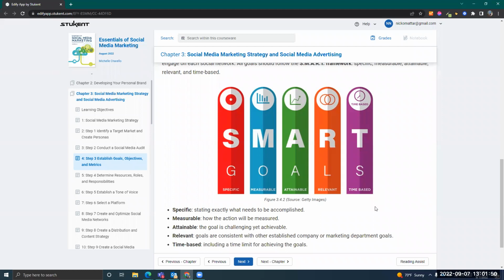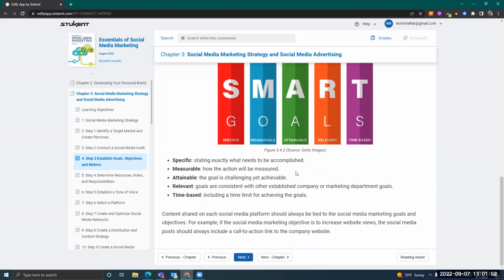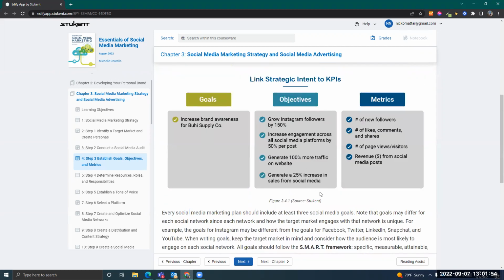When we look at KPIs and objectives, we want to be sure that when you move from goals to objectives to metrics, it's essentially how you take a larger ambiguous idea and turn it into something that's trackable. So this is a good graphic. Say you have a goal: you want to increase brand awareness. Okay, what are those objectives?